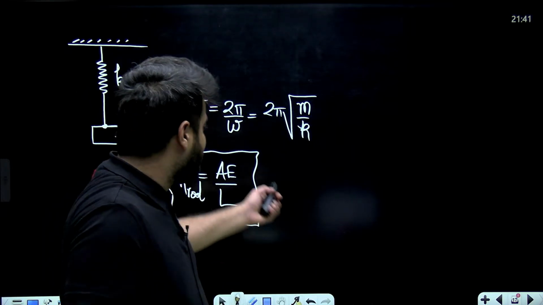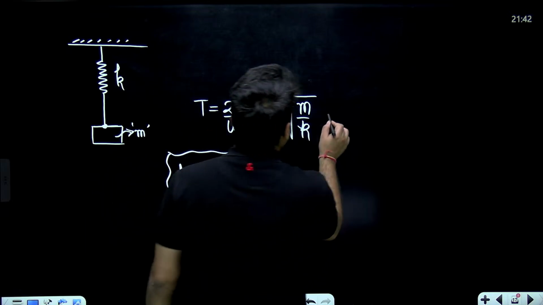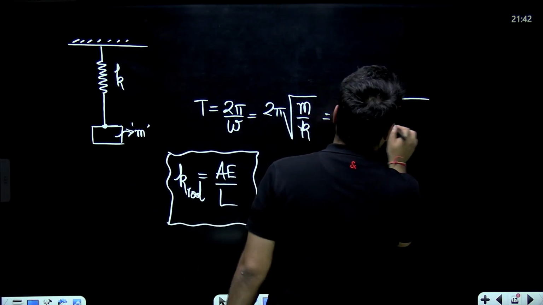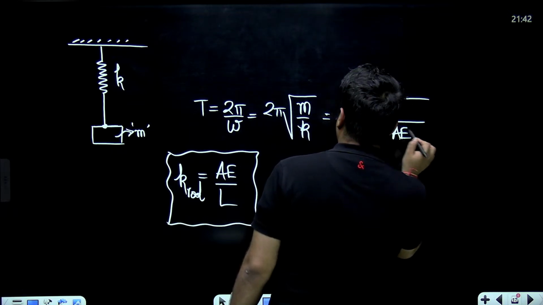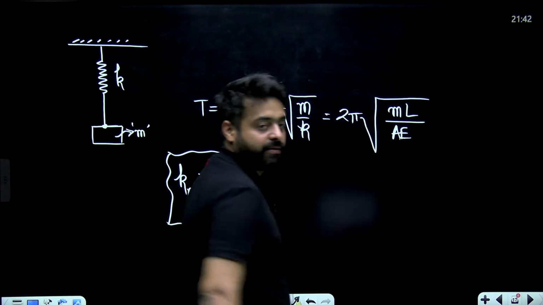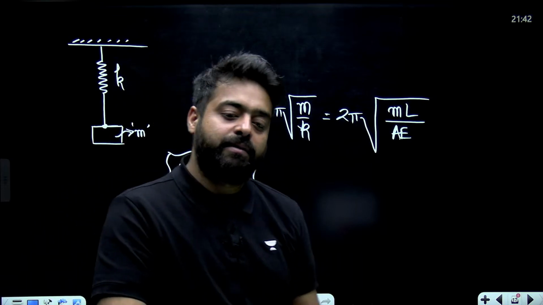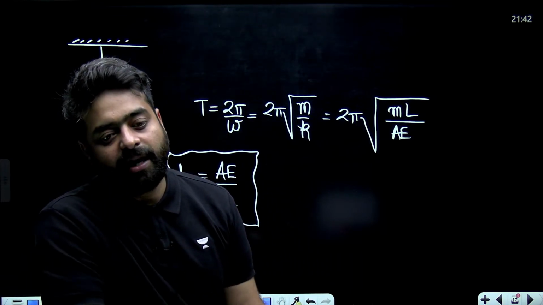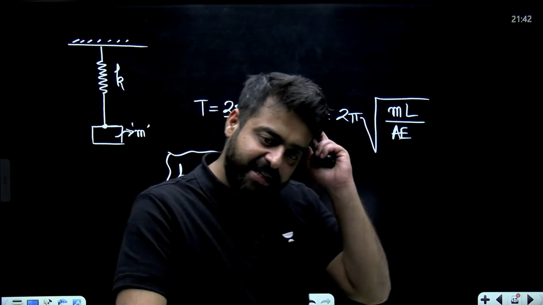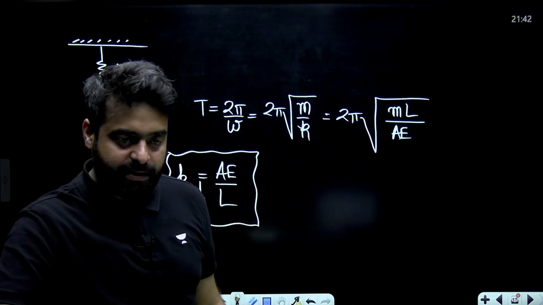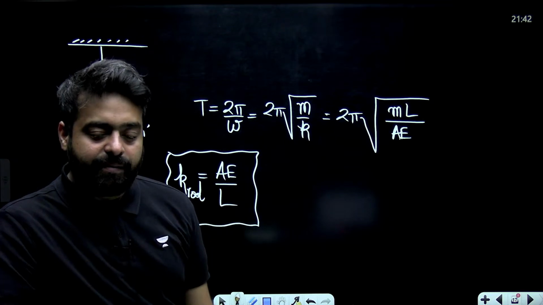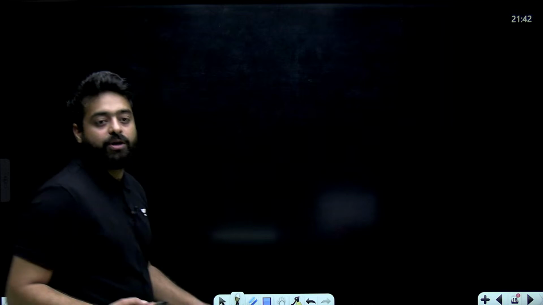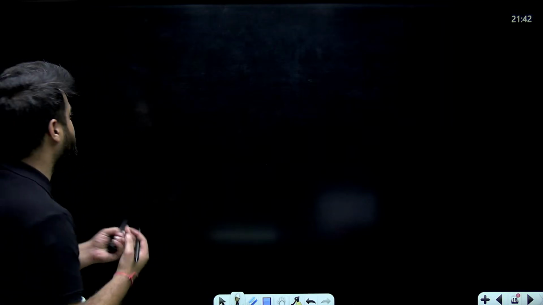Or you can put the value of k here only, so you will get 2 pi under root m L by AE. This is the time period for oscillation. It is something that you should be aware of. If series or parallel is there, please determine the k equivalent. That's your game.